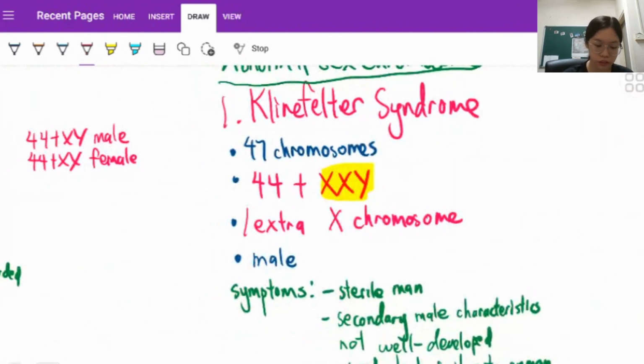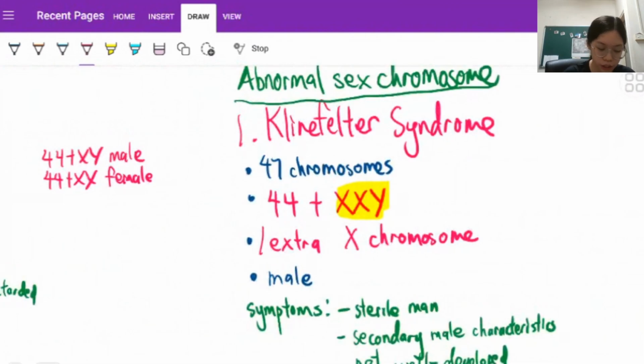So this person is actually a male. Initially a male is supposed to be 44 plus XY, but now he got one more extra X. So what happens if you got one more extra X? This is how I remember it. When you have one more extra X, if you are male, you got XXY. It means that you become more female, more girlish. Why?